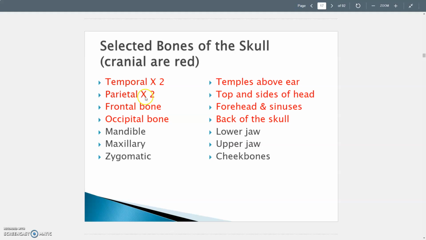Same with the parietal. They're the top and side of your head. Frontal bone, which is your forehead and sinus. Occipital bone, which is the back of the skull. Mandible, which is again your lower jaw. Maxillary, which is your upper jaw.